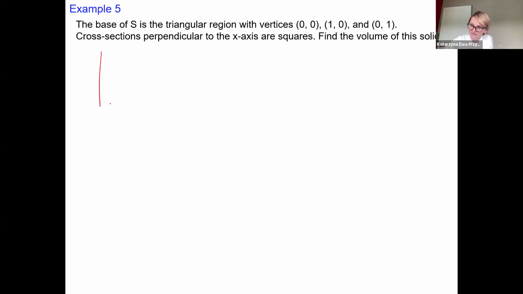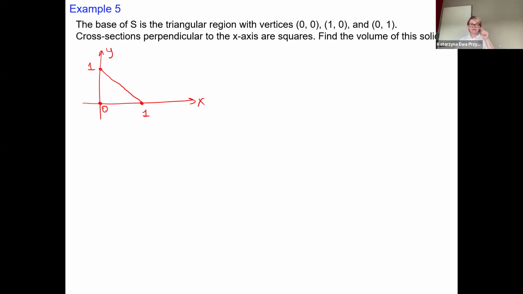That means first of all, we will have x and y and the points (0, 0), (1, 0), and (0, 1). That's the triangle, and that's the base.